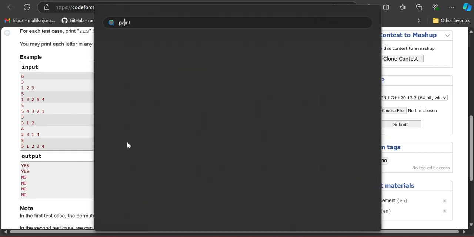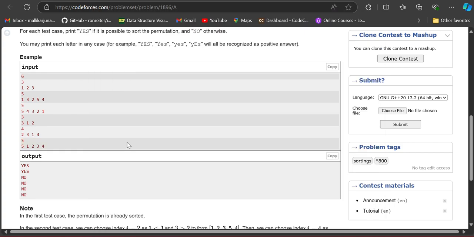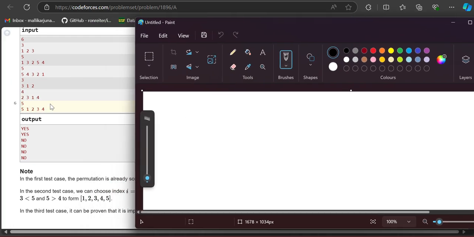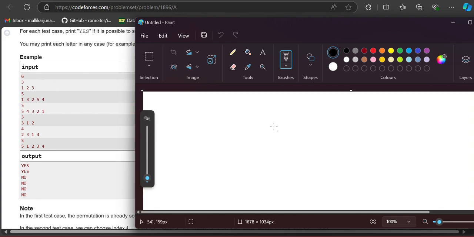Why? Let's check in our whiteboard. I call my Paint a whiteboard. Whatever. So first I want to know whether 1 3 2 5 4 can be sorted.